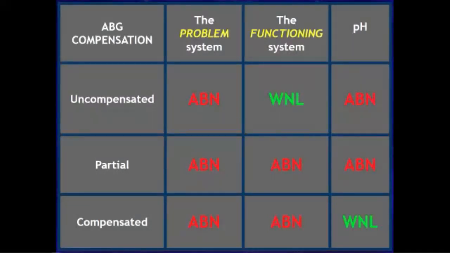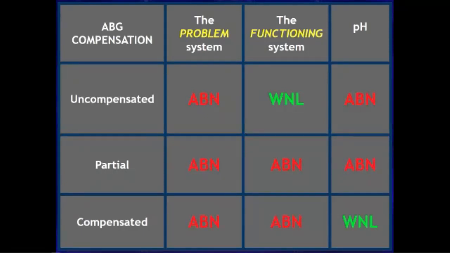And if you look here at this table, which is in the handout also, you just see that progression. So you see here, one system is the problem. Let's say it's a respiratory problem. The CO2 will always be abnormal. It'll always be out of that range of 35 to 45, okay? The other system, the one that's going to compensate, the one that's still functioning, in this case would be the metabolic system, which means the bicarb. When I'm uncompensated, the bicarb's normal. It's between 22 and 26.